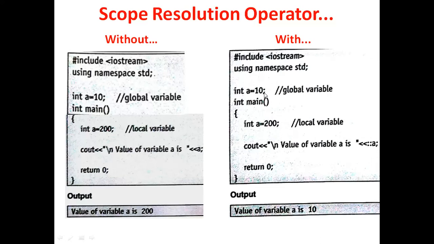It displays the global variable, that is the value which is declared before the curly brackets is displayed. Therefore, with scope resolution operator, we get the value of a as 10.